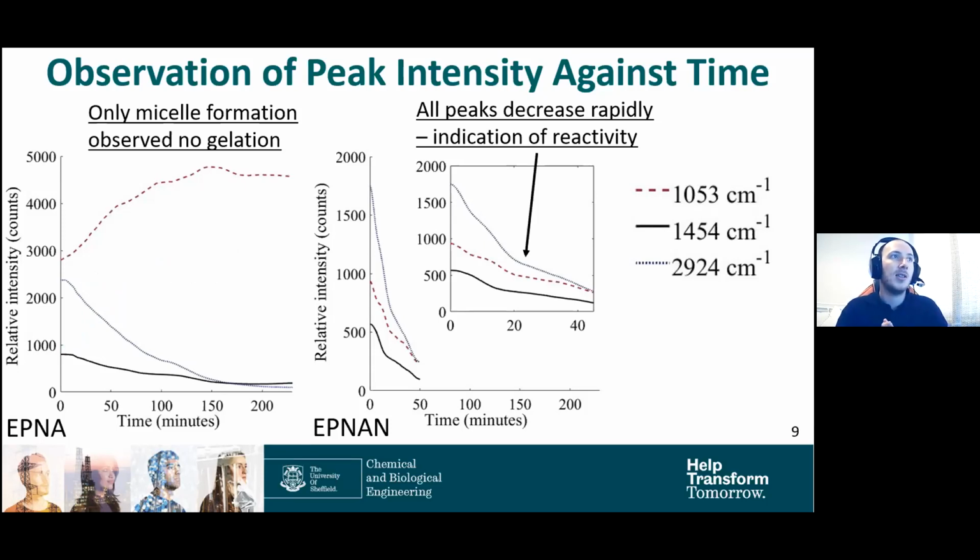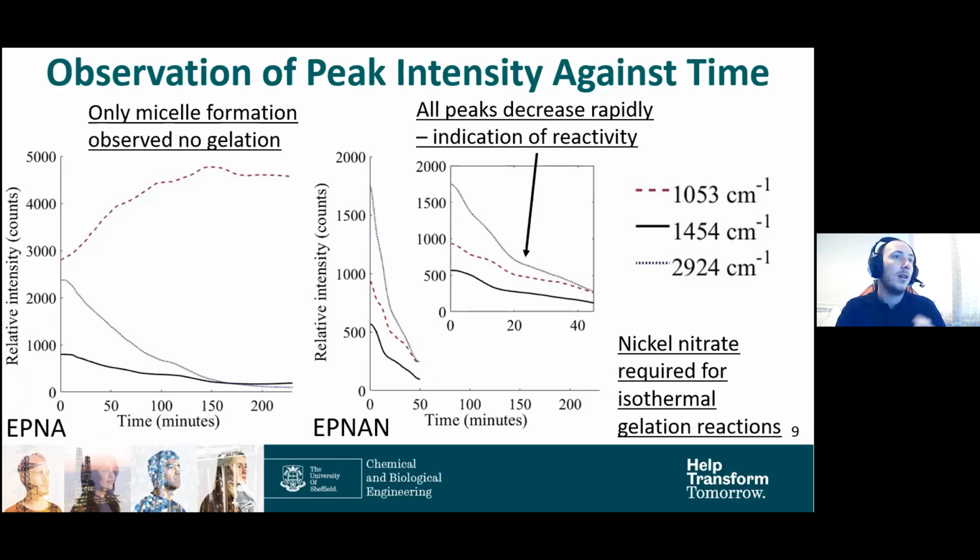So this is an indication that there are some actual reactions occurring between the aluminium nitrate species and the nickel nitrate species that we've added in, as well as the evaporation. It's also less stable, probably because of these reactions that are occurring. So the nickel nitrate we have determined here is required for the gelation reactions under isothermal conditions.